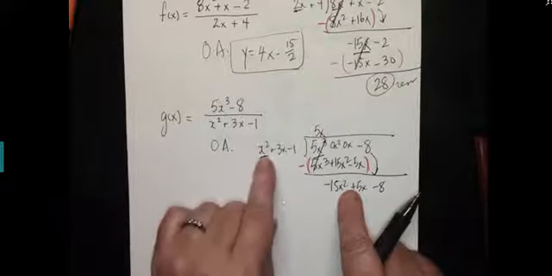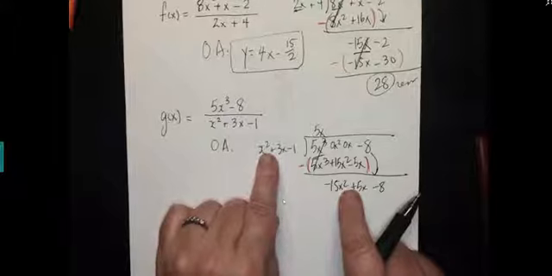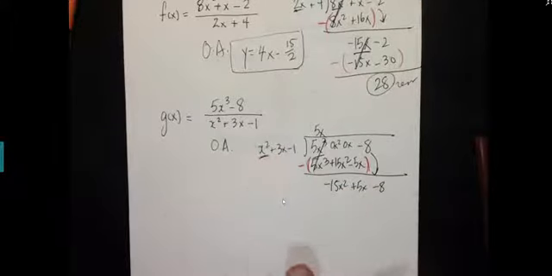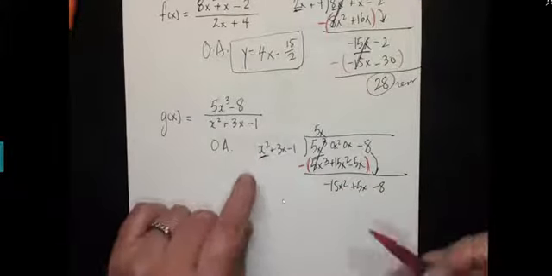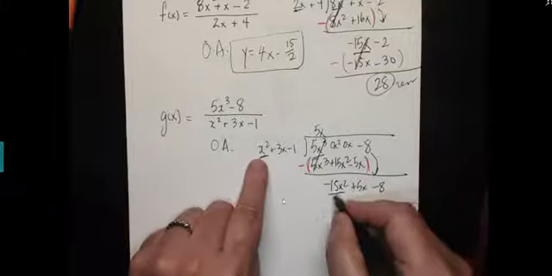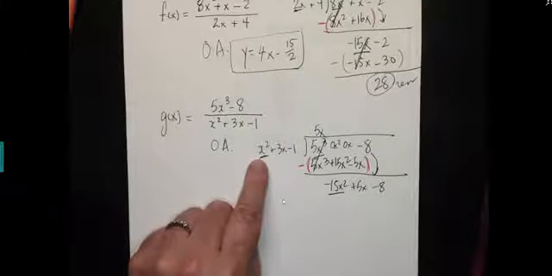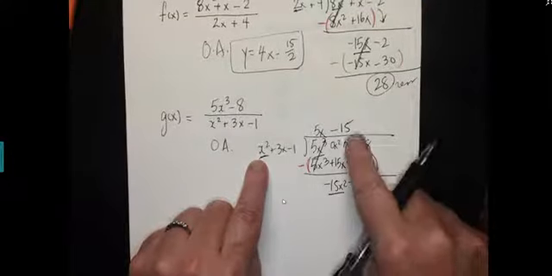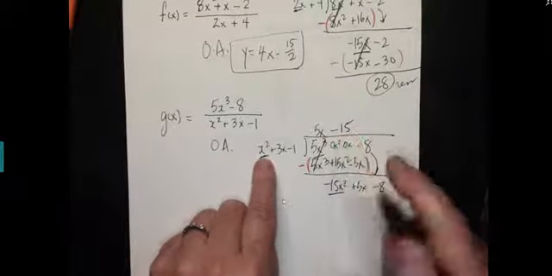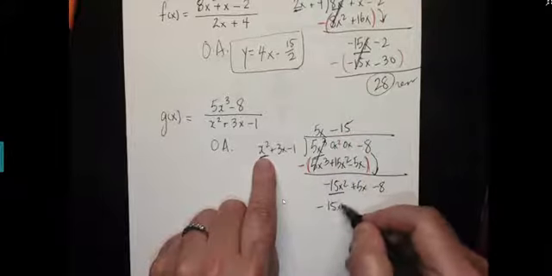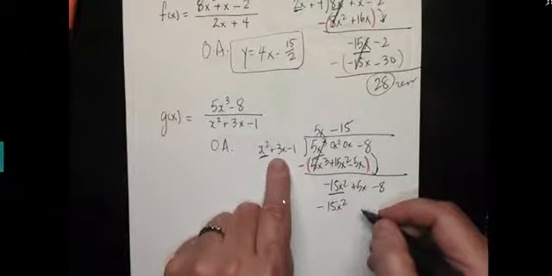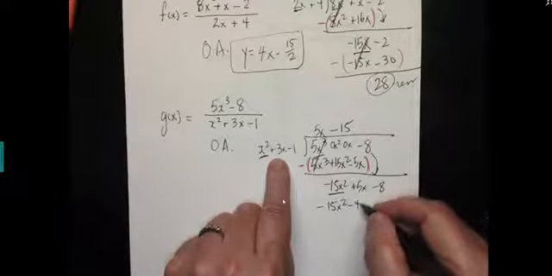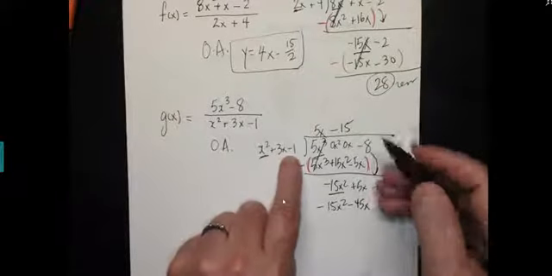We're not done yet because they have the same degree. We're not done until we get to the smaller degree. So what do I have to multiply x squared by to get -15x squared? Well, -15. Now multiply everything here by -15. So I'll get -15x squared, -45x and plus 15.